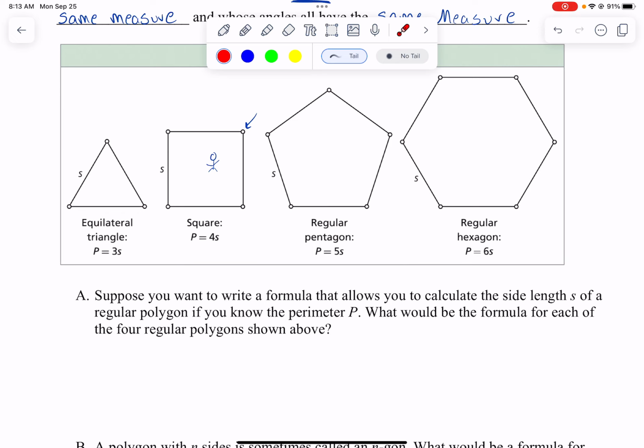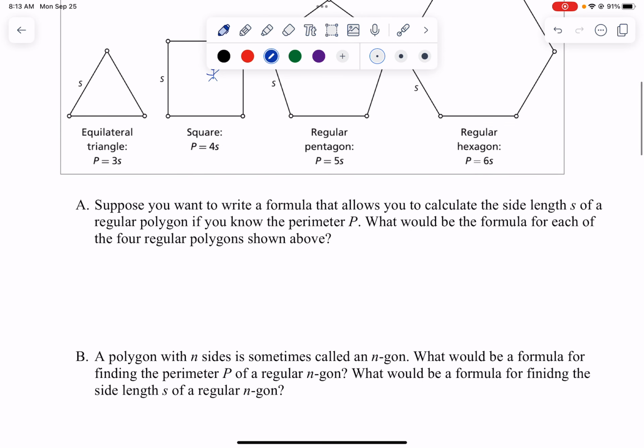So for part A, suppose you want to write a formula that allows you to calculate the side length S of a regular polygon if you know the perimeter. So we want to find S if we know P. So for an equilateral triangle, the equation is P equals 3 times S. I want to figure out what S is if I know what P is.